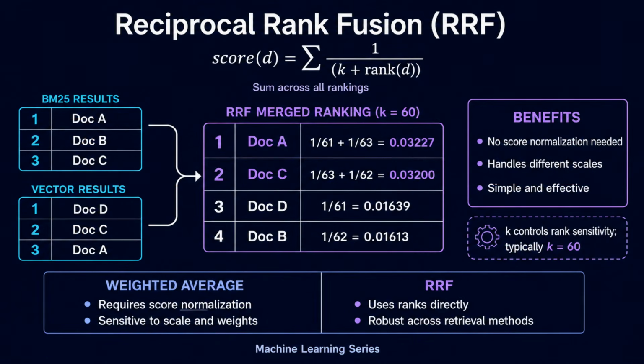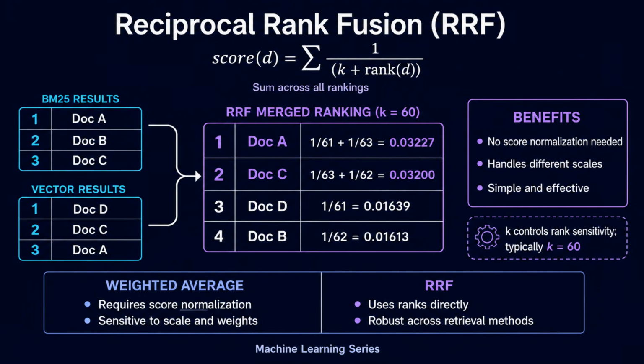Reciprocal rank fusion, or RRF, is an elegant way to combine multiple ranked lists. The formula assigns each document a score based on its reciprocal rank in each list, then sums across lists. Documents appearing highly in multiple lists get boosted scores. The beauty of RRF is that it doesn't require score normalization.